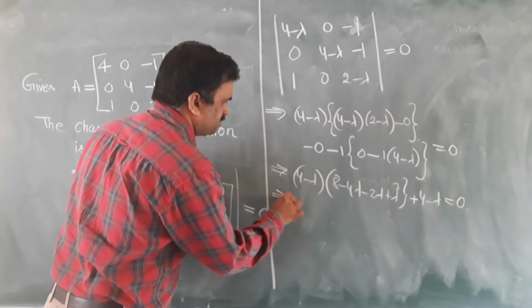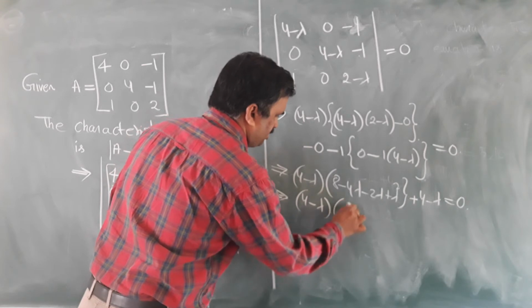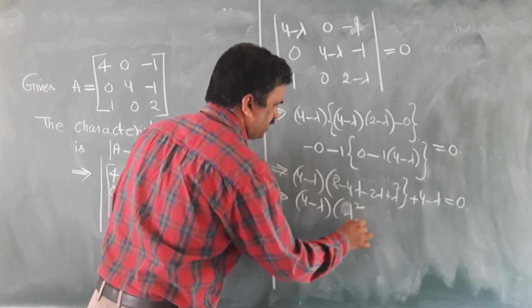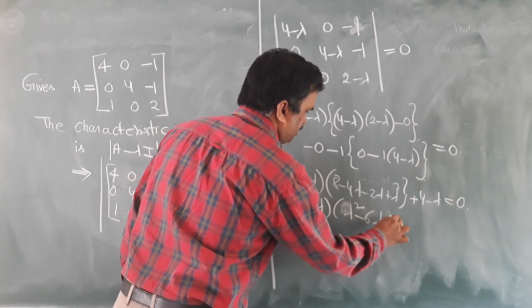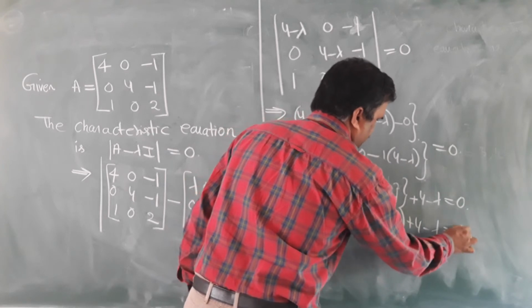Simplify it. 4 minus lambda times lambda square minus 6 lambda plus 8, plus 4 minus lambda equal to 0.